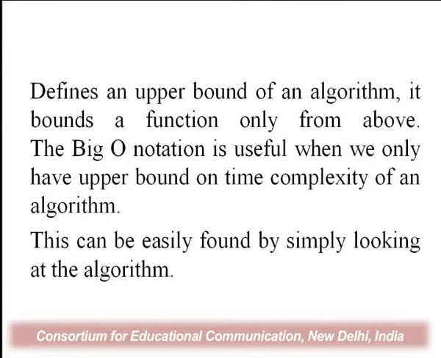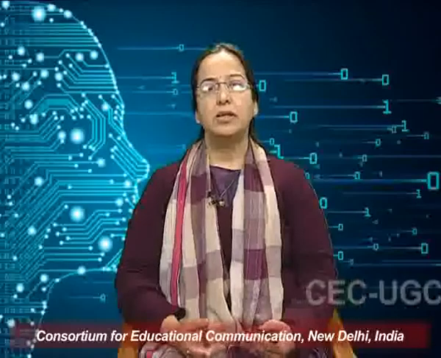Generally we use big O and not big omega, because we are actually interested in the upper side only. It is not good to make false promises in terms of your algorithm efficiency or your software efficiency.